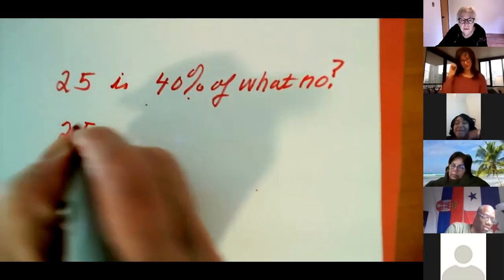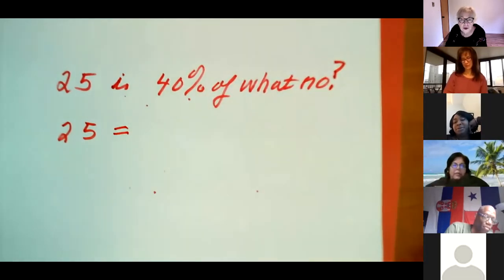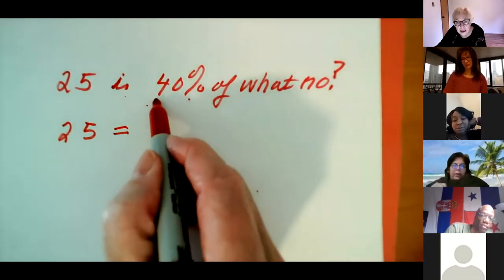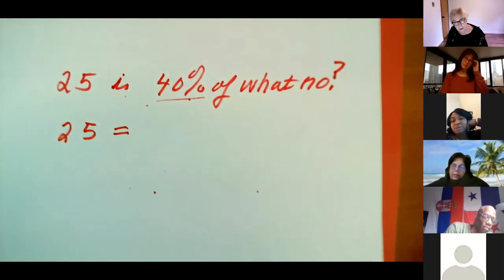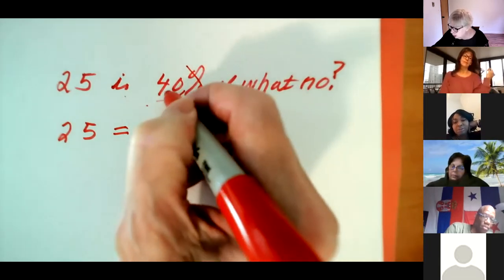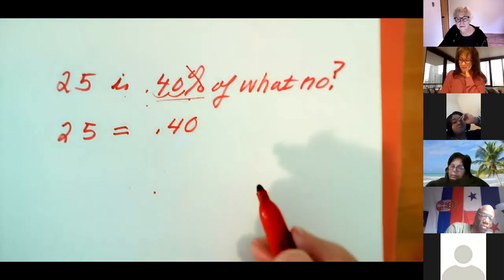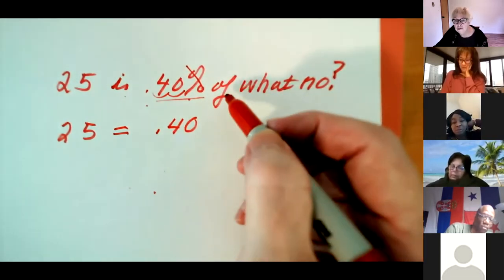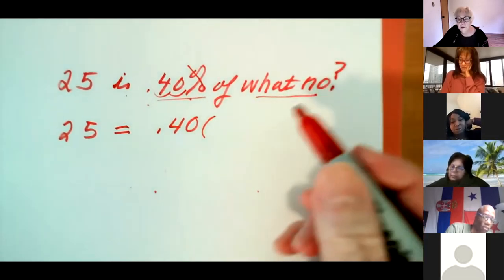25 is equals. 40% needs to be either a fraction or a decimal. I think the decimals in general are easier. 1, 2, so that would be 0.40 of multiply what number?